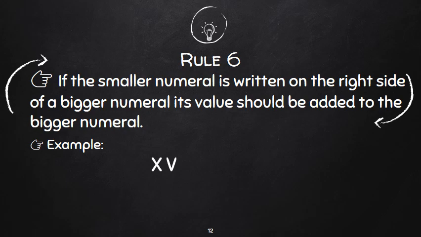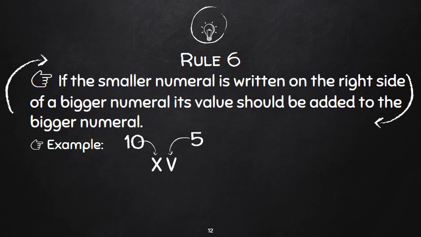So in this Roman numeral, the value of X is 10 and the value of V is 5. So here V is a smaller Roman numeral and X is a bigger Roman numeral, and V is written to the right side of X. Means the smaller Roman numeral is written to the right side of the bigger Roman numeral.